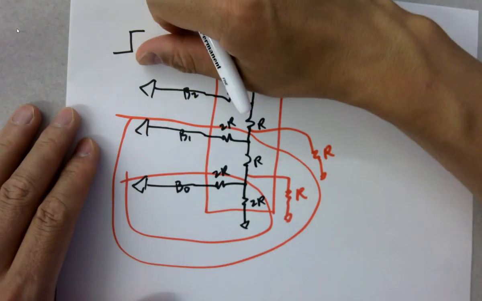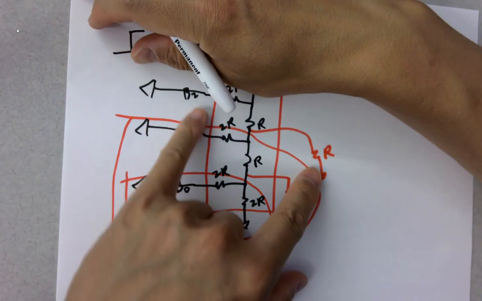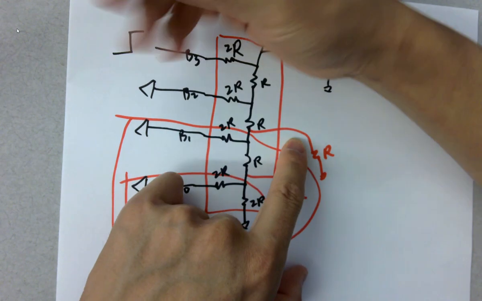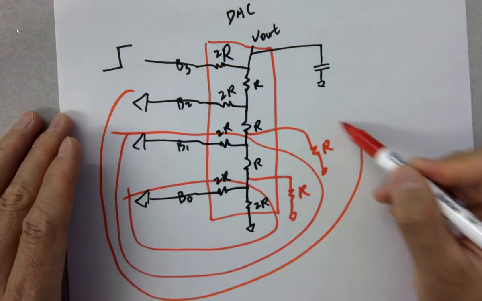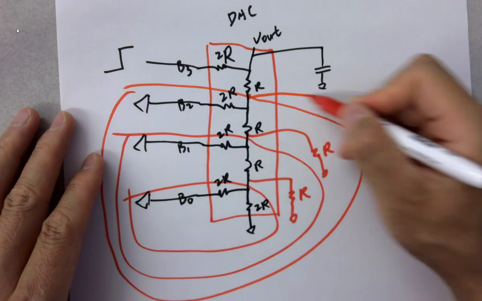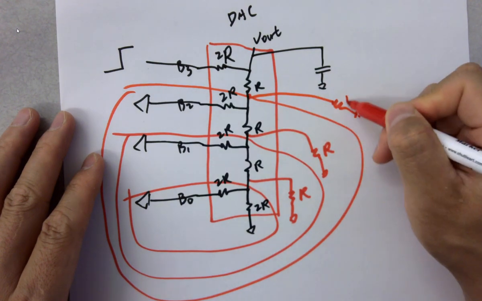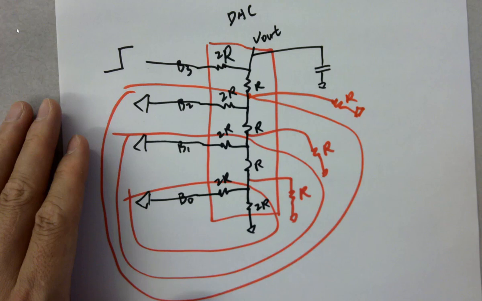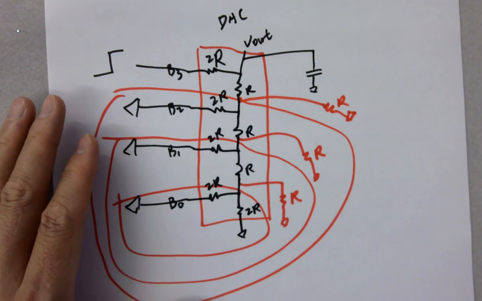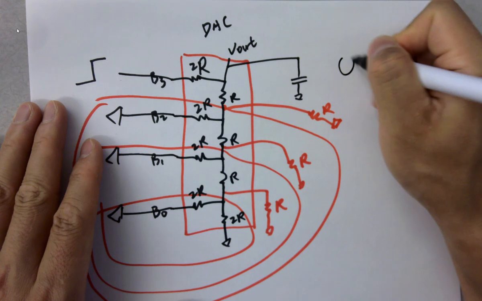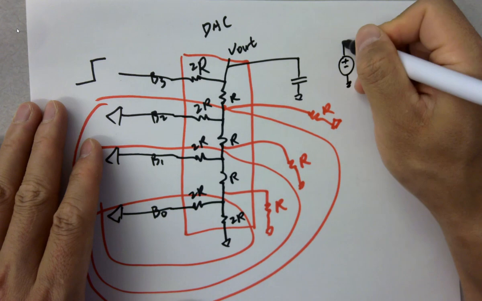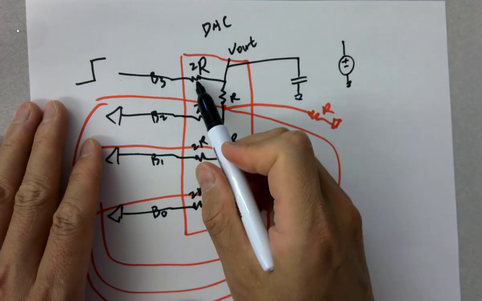Again, same thing, 2R and 2R. So the entire part here is basically a 1R resistor. Okay, so the equivalent circuit of this entire thing becomes, you've got a voltage source giving you a pulse. It has a 2R resistor in front of it.